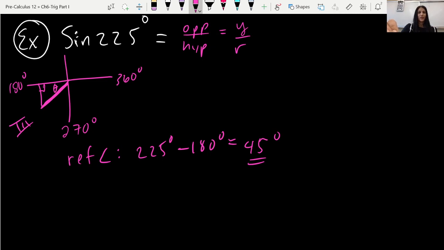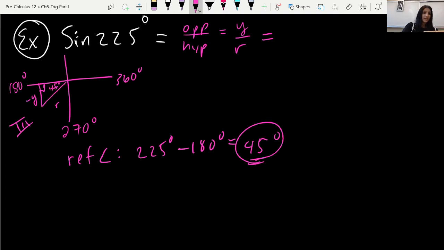So if that's my theta, my y value is actually going to be negative in that quadrant. And my r value, well, that's never negative. So this is helping me to figure out if my answer is going to be positive or negative, thinking my way through it.